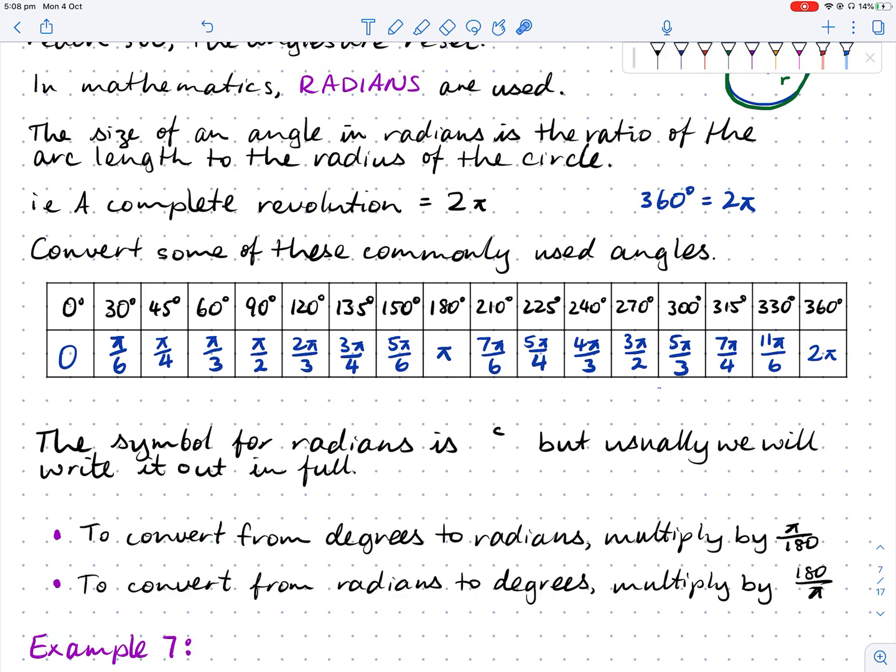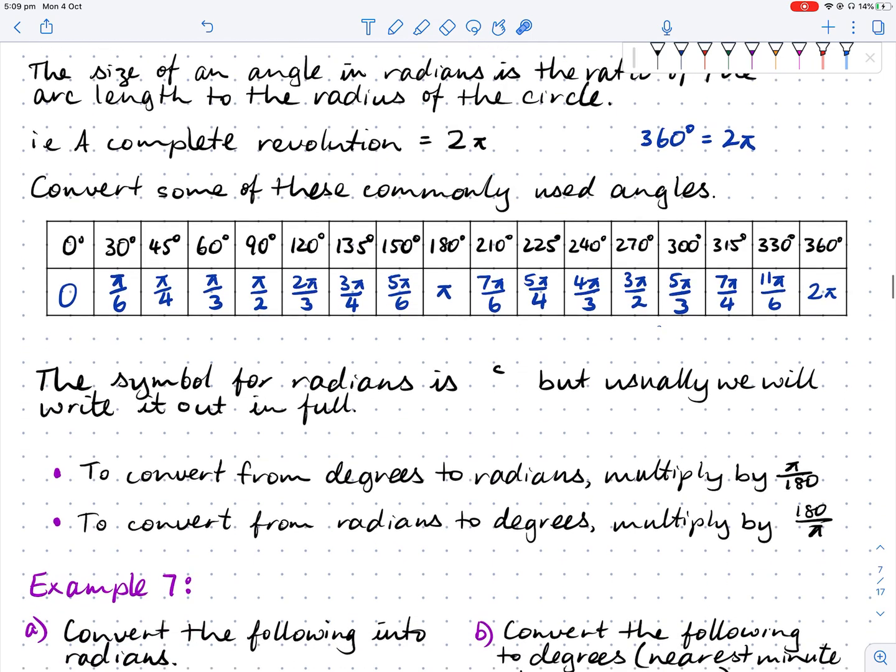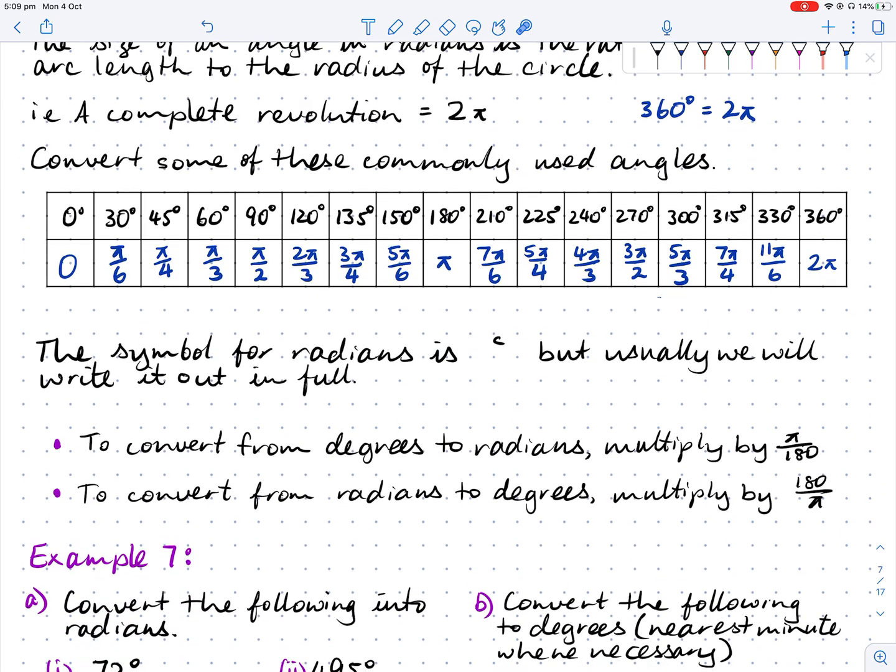Now, we've worked out what these values are, so what each of those degrees translate to. When we're looking at radians, there is a symbol that we use, and it's a little c. So you know how with degrees we write 40 degrees with a little circle? Radians we can write as a little c in the top corner. So if I wanted 3 radians, I could write that as 3 with a little c.